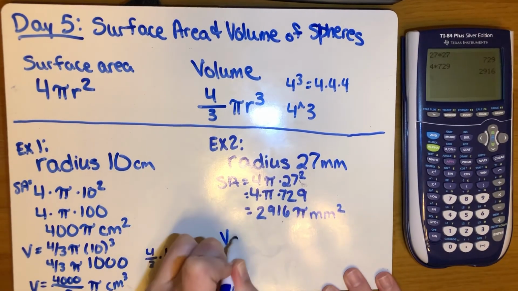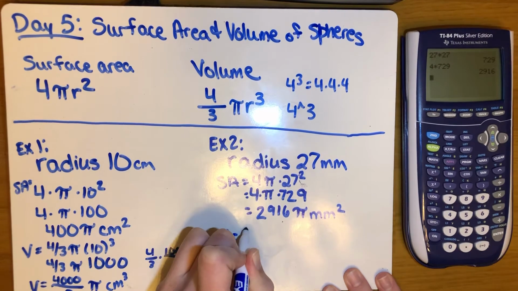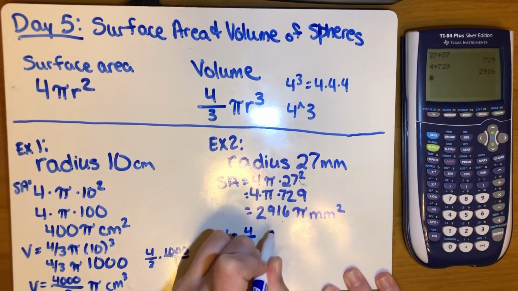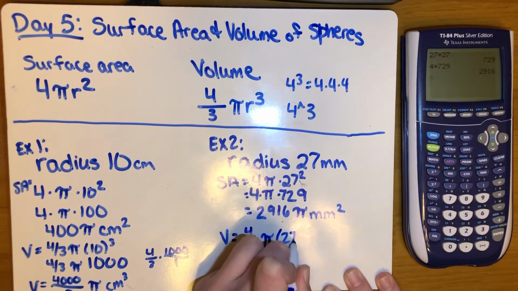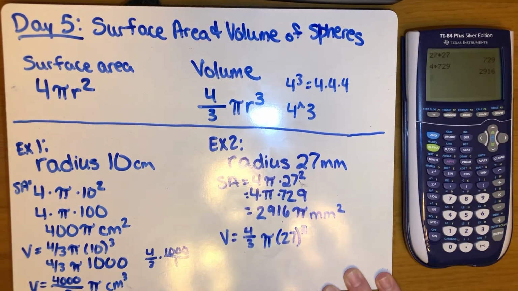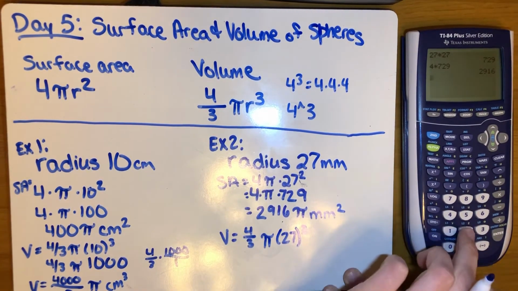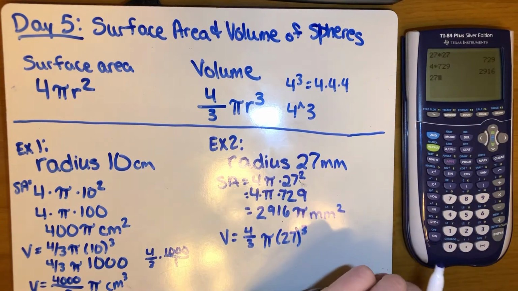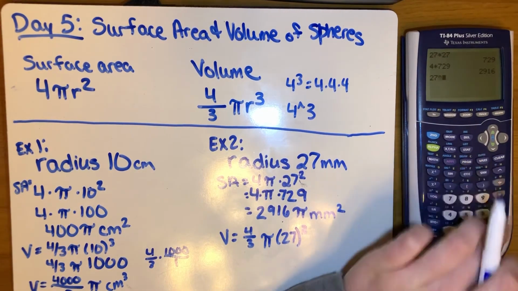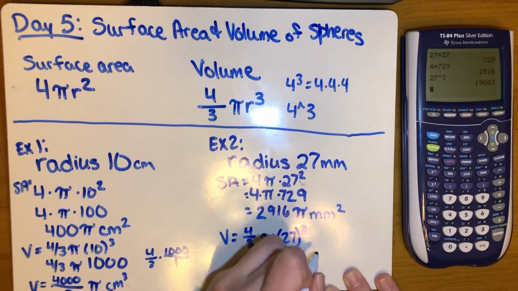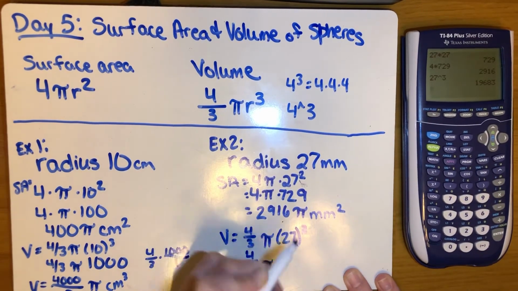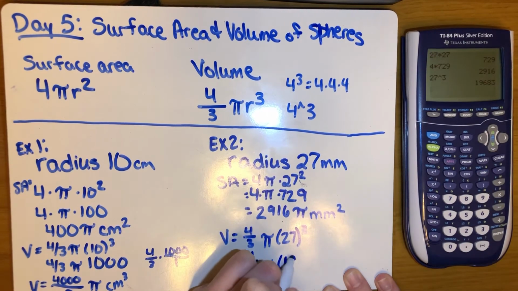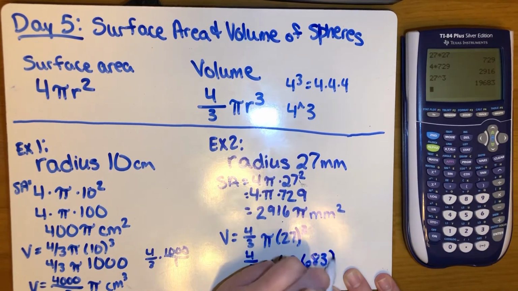For volume on this one, I'm going to do 4/3 pi times 27 to the 3rd power. 27 to the third power is, big number, 19,683.